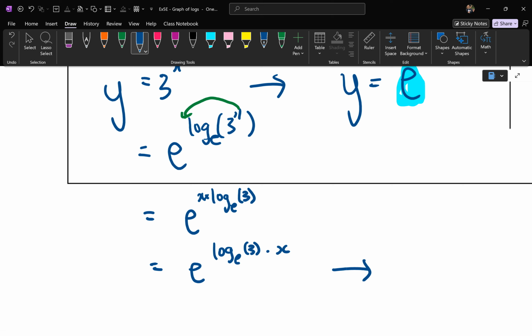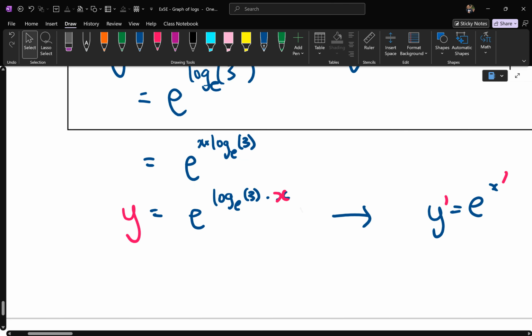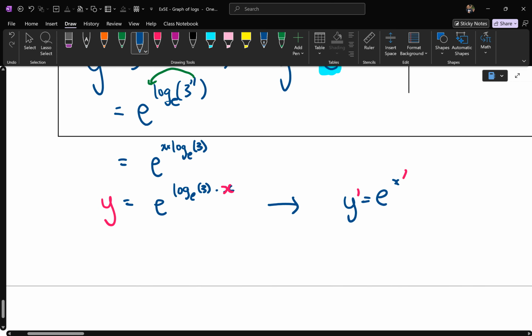Now, if you compare this to the new equation, which is what you want, you can work out the transformations. They both have a base e. This is clearly a dilation. But remember, original y, original x. So here's your original y. Here's your original x. This is your new y, your new x. And if we did the transformation mapping technique, original y is equal to new y.